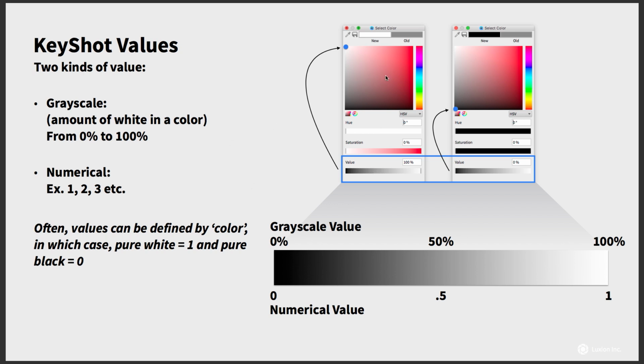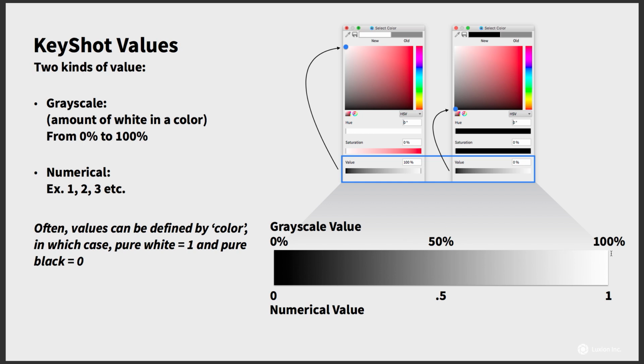Anytime you choose a color, there's going to be a certain amount of white, whether it's 0% or 100% or something in between. And there's actually a correlation between that grayscale value and numerical values. In this case, 0% white is black, and that correlates to the numerical value of 0. 100% white, or pure white, is going to correlate to the numerical value of 1.